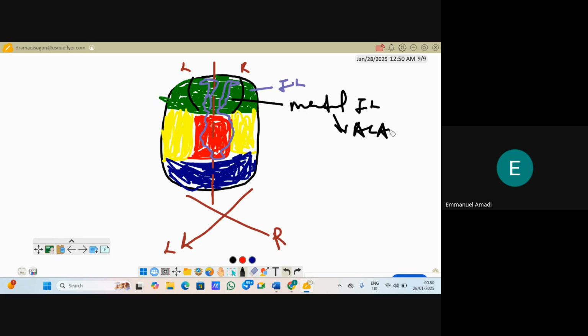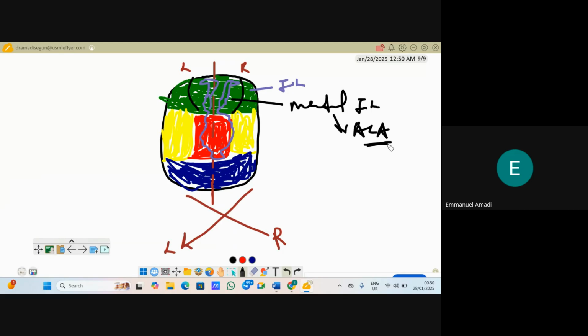Now, if you follow this human being I drew in an upside down manner, if your ACA is affected, what part of the human being will be affected? The lower extremities. So if I see a patient and this patient is having weakness of only the lower extremities, I can confidently tell you that that patient is having an anterior cerebral artery stroke.